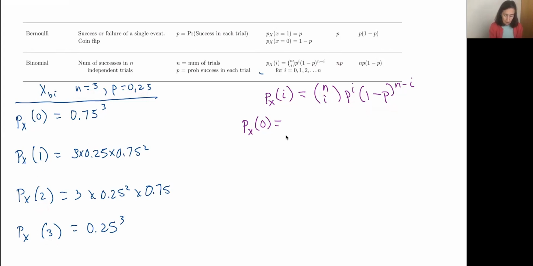Okay, so probability of 0 is 3, our n, choose 0, times 0.25 to the 0 power times 1 minus p to the 3 minus 0 power. All that was just plugging in those numbers, not thinking too hard about it.